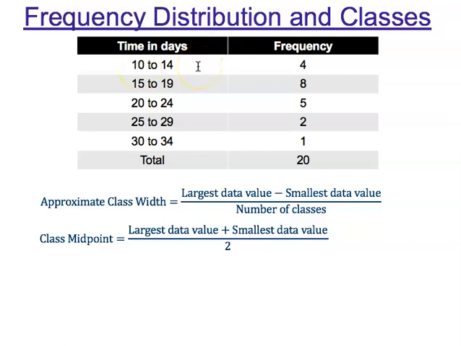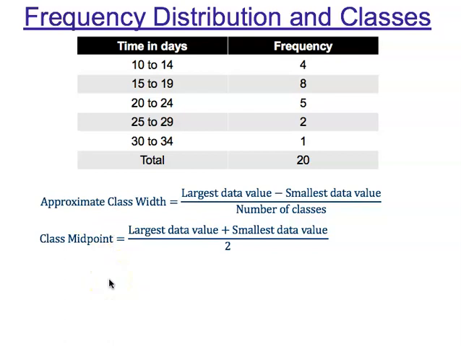That's a width of 5. There's 5 days in that range. Then the second class is 15 to 19. Well, that's 15, 16, 17, 18, and 19. There's 5 data points there, and so on and so forth. So to find the approximate class width, just take your largest data minus your smallest data, and then divide it by the number of classes that you want, and you'll get an approximation of how wide that class needs to be.